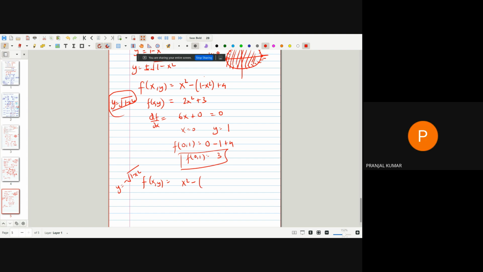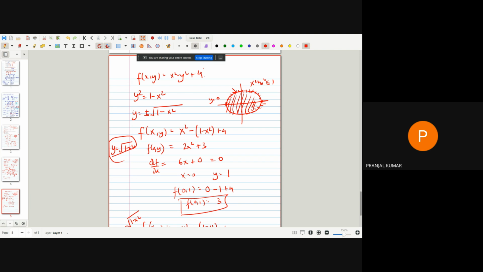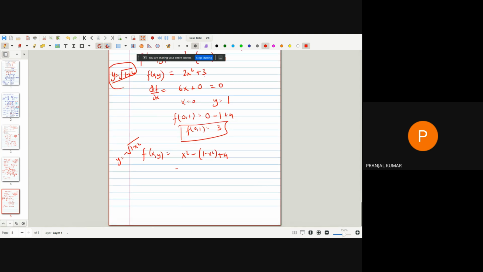So for y is equal to minus square root of 1 minus x square, this will give you again 1 minus x square plus 4, minus square root of 1 minus x square, so this will give you the same thing: 2x square plus 3. So df by dx is equal to 6x again.